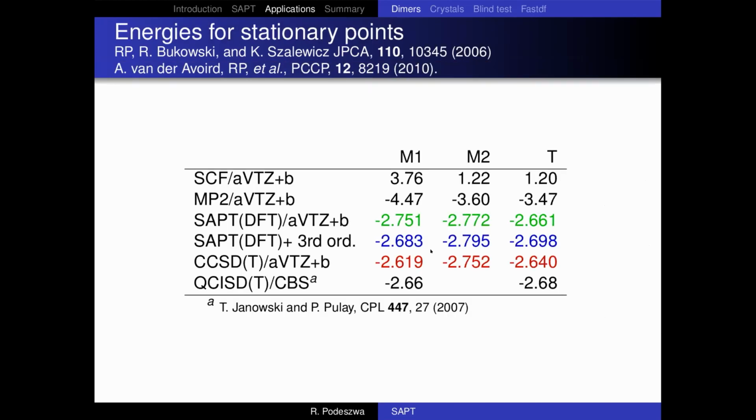At the time also, SAPT(DFT) was the only thing that could be used for the potential energy surface, so we could get the minima, and if you have the geometry, you could obtain CCSD(T), and we compared these results with CCSD(T) and also got fairly accurate results.